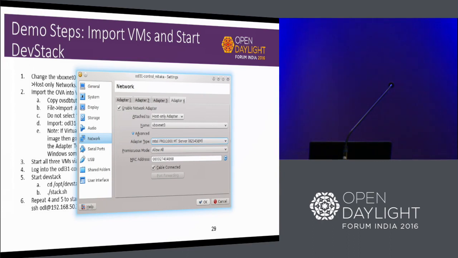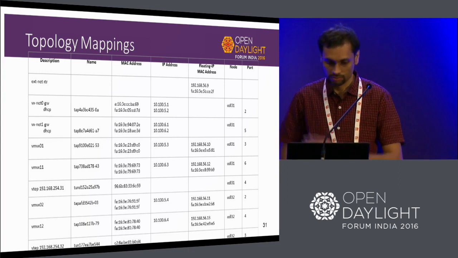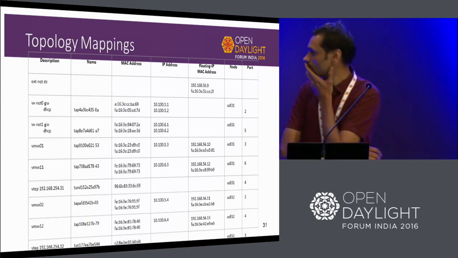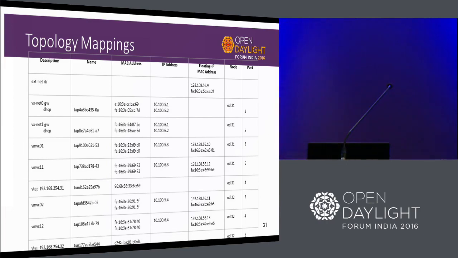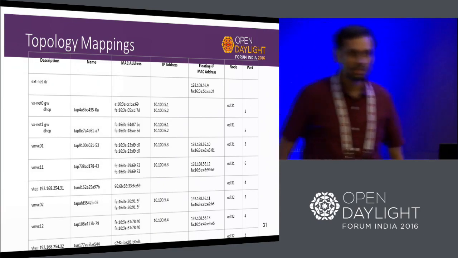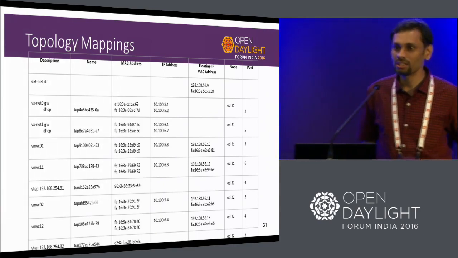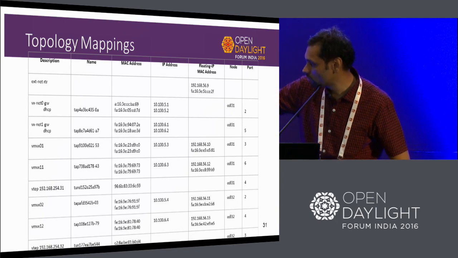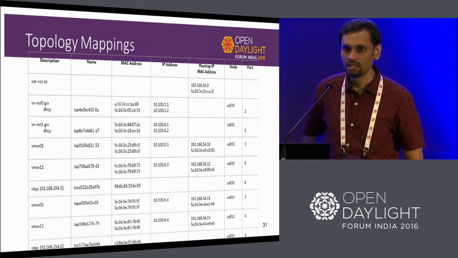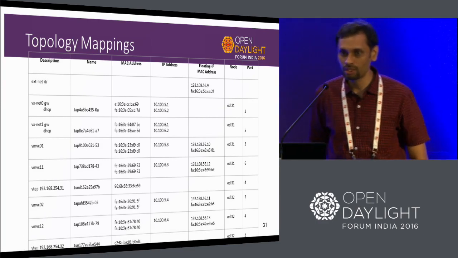Your topology is going to look something like this. You will have three types of networks. You will have the 192.168.50.0/24 network, which is the lowermost line, and that is going to be your management network.